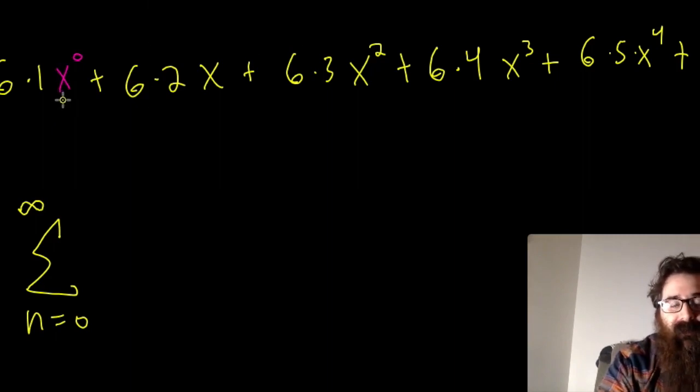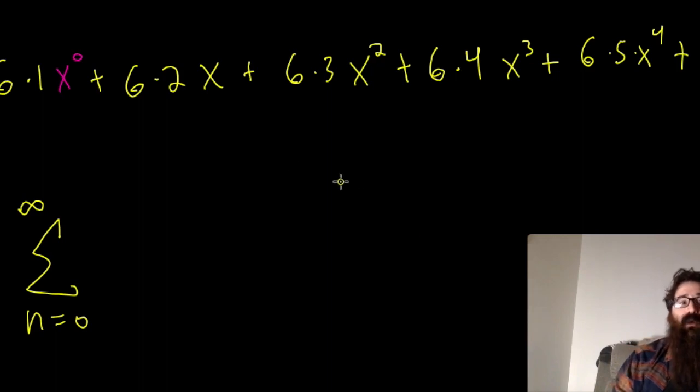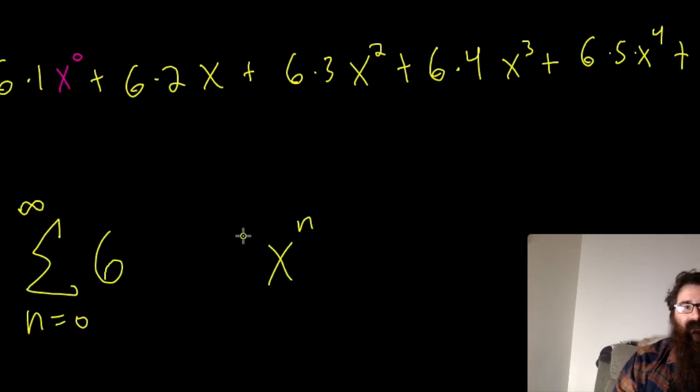But if I write it in, I can stare at it a bit and say, well, okay, so all of my power terms should be x to the power of n, starting at 0 and increasing. So x to the n: we have x to the 0, x to the first, x to the second, x to the third, x to the fourth, so x to the n starting at 0. And then everybody has a 6. So 6 is going to be there, the obligatory 6.